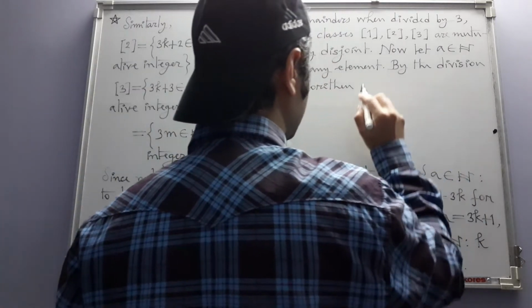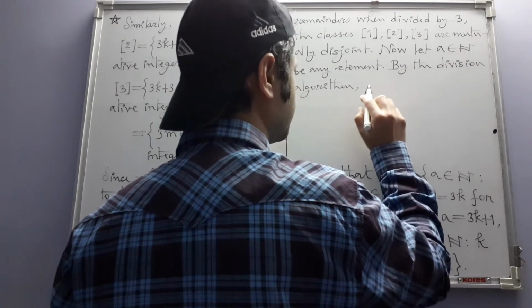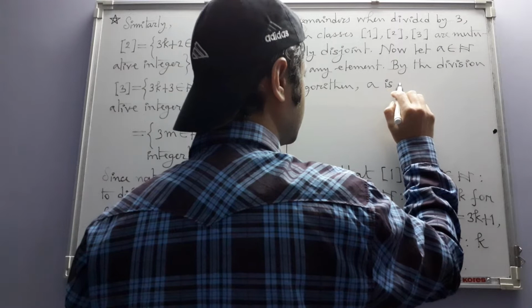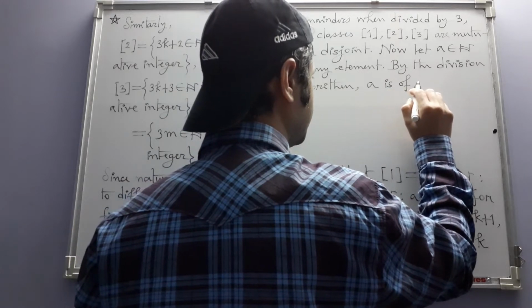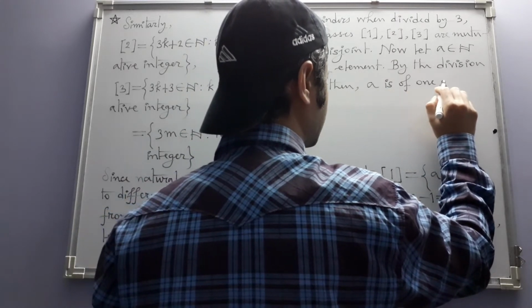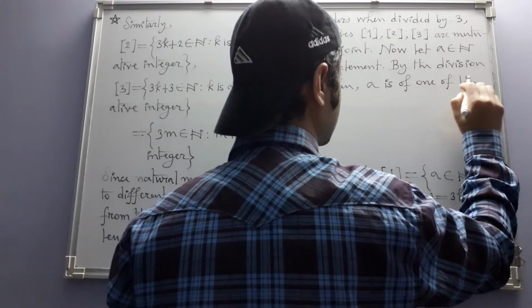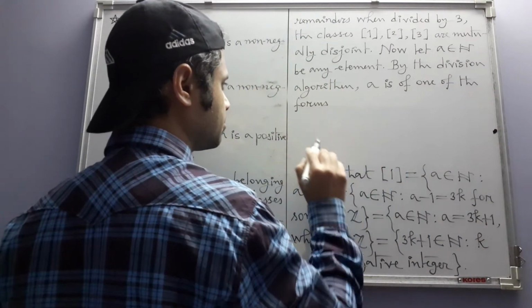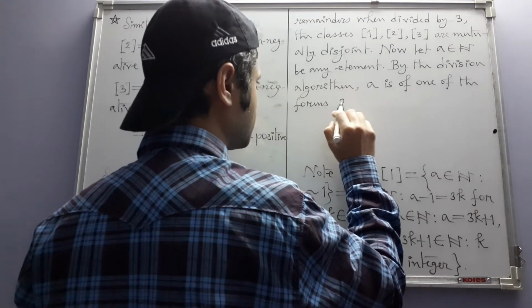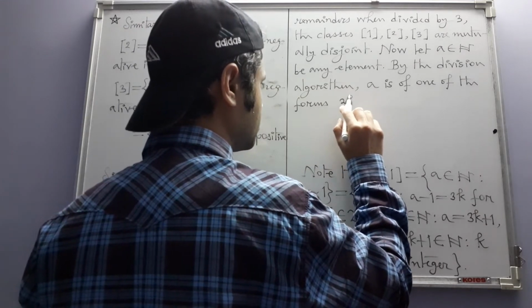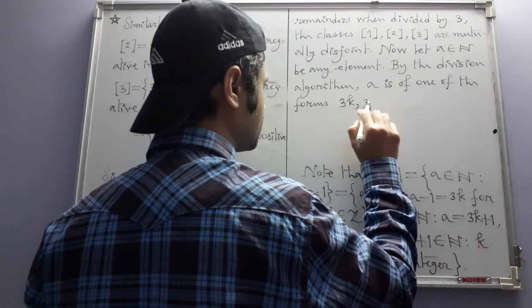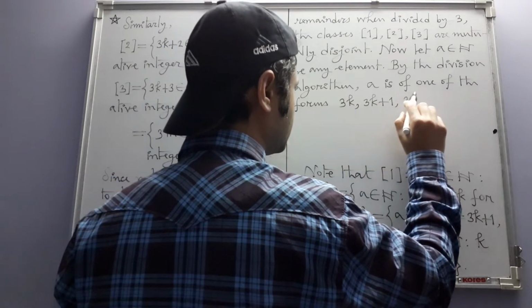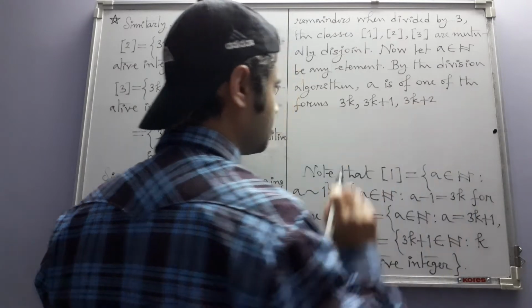So by the division algorithm, a is of one of the forms 3k, 3k plus 1 and 3k plus 2.